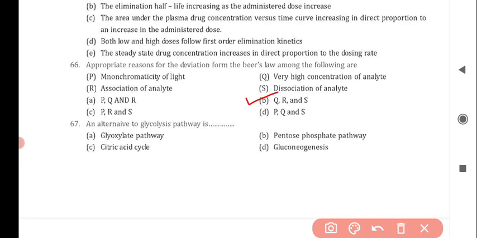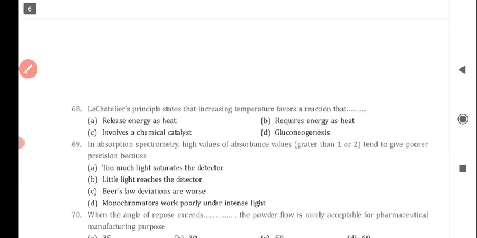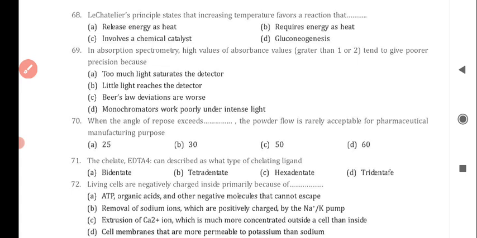Next question is: an alternative to glycolysis pathway is, and the correct answer is option B, pentose phosphate pathway. Next question is: Le Chatelier's principle states that increasing temperature favors a reaction that, and the correct answer is option B, that is requires energy as heat.